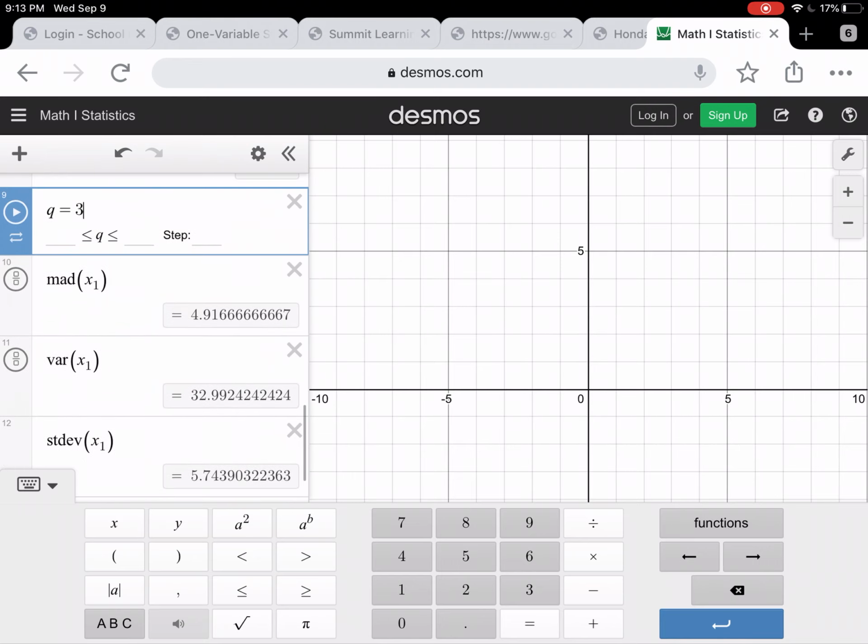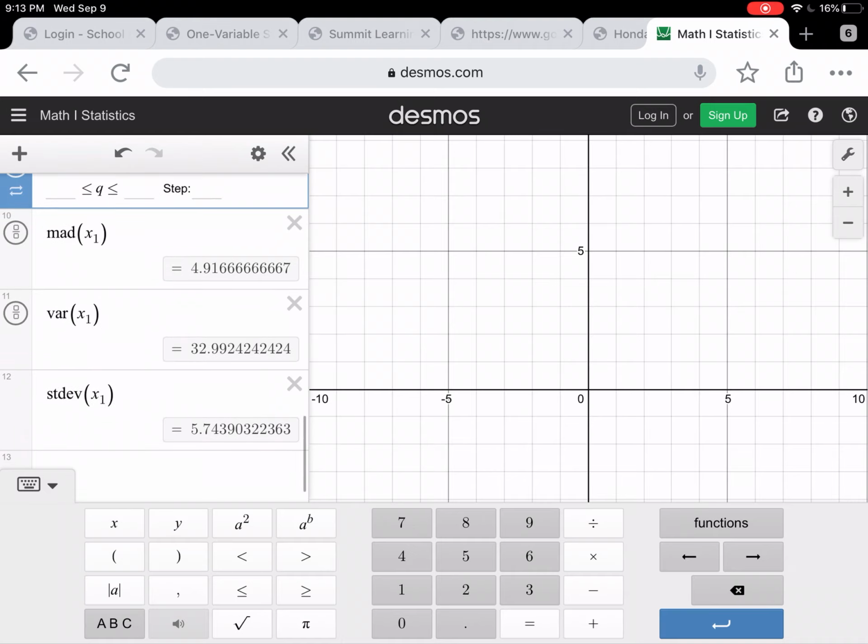Okay, good. Mad, that's something from Math 1, which, again, statistics is not my thing. I don't even remember what it was. It was like mean. I don't even know. Variance, var of x1, 32.99 or 33. Standard deviation, 5.7. Now, apart from comparing to other sets of data, I don't really know what 5.7 means.